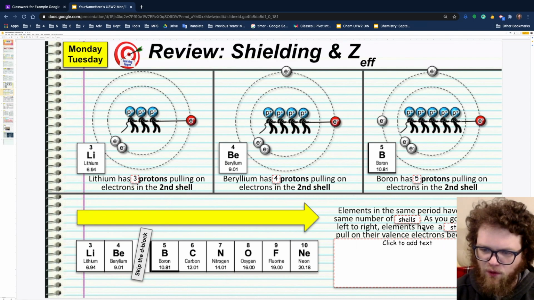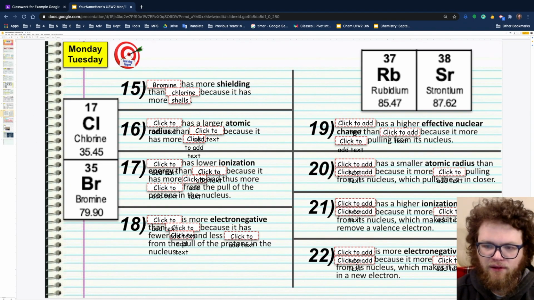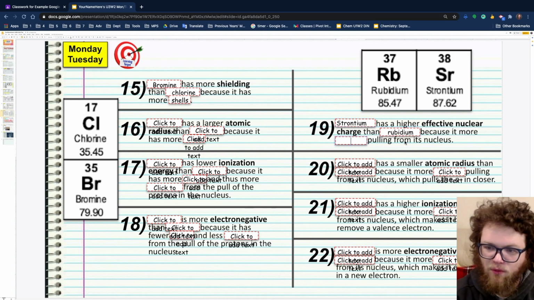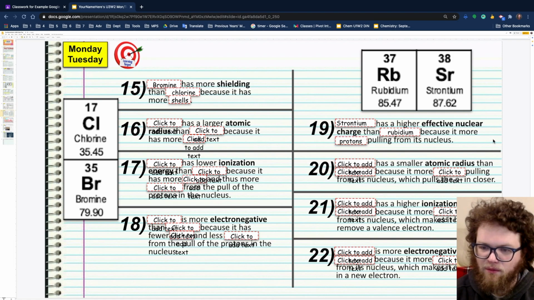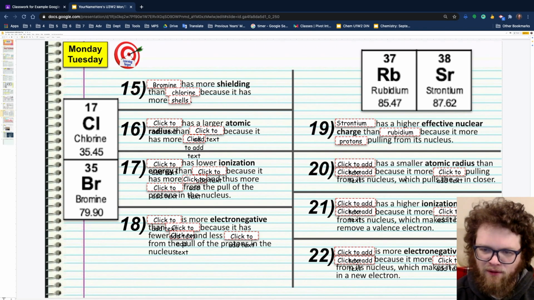As you go from left to right, elements have a stronger pull on their valence electrons. Aha. So then I would say that strontium has a higher effective nuclear charge than rubidium because it has more protons pulling from its nucleus. And the word has appears to be missing, but oh well, such is life.